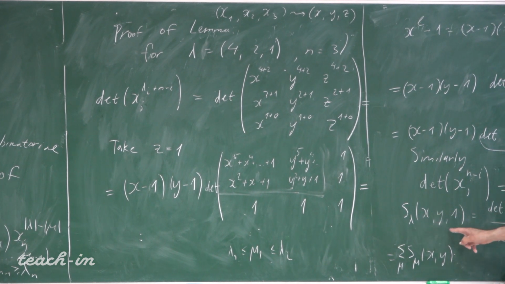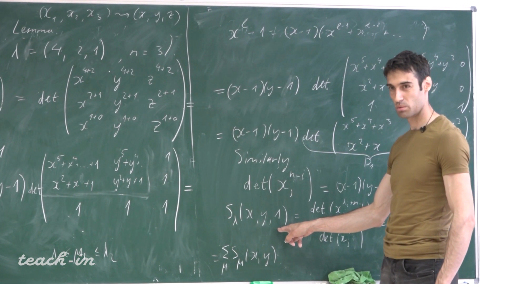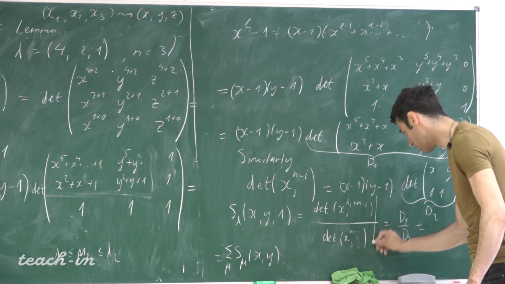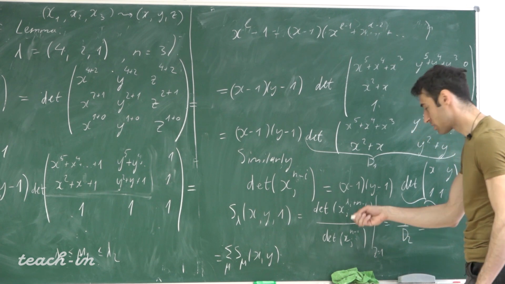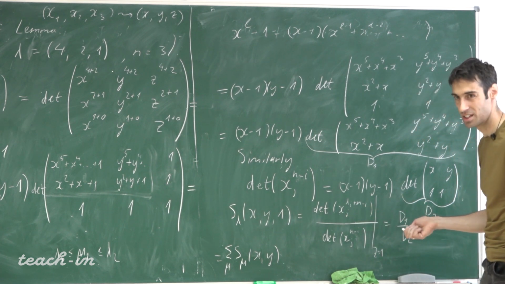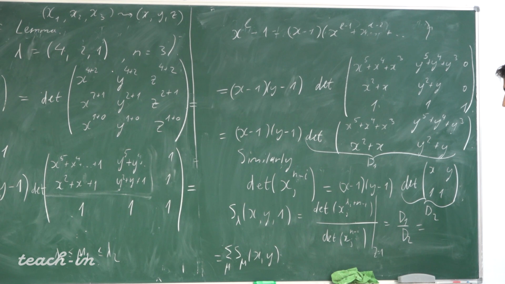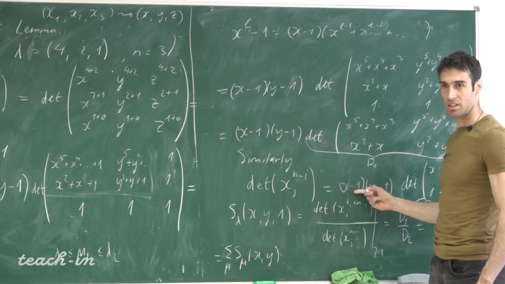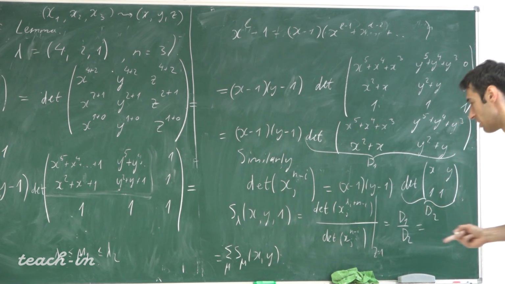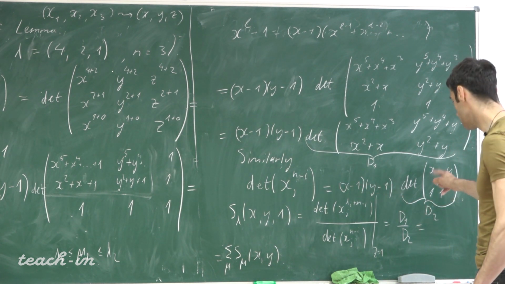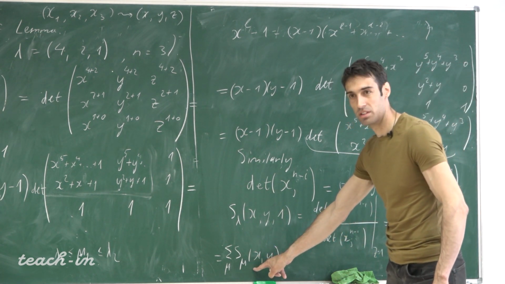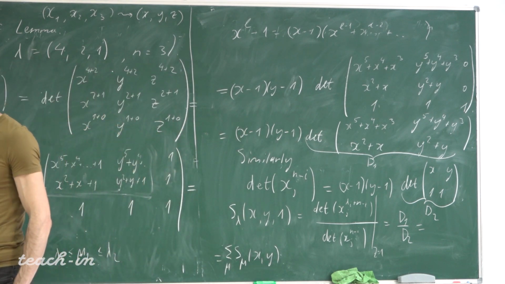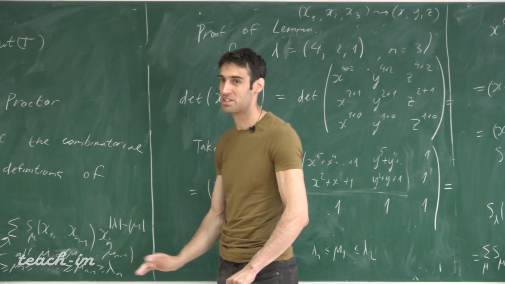So this is S lambda of x, y, z, where I put z equals 1. So this is again a ratio of two determinants where I put z equals 1, and x1, x2, x3 is x, y, z. It's d1 over d2, because I can now cancel this common factor. But then I claim that d1 over d2 is exactly the sum that we need, but only without z. We're not looking at z at the moment.